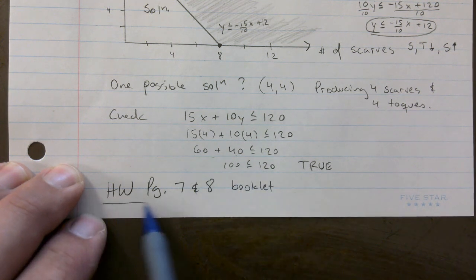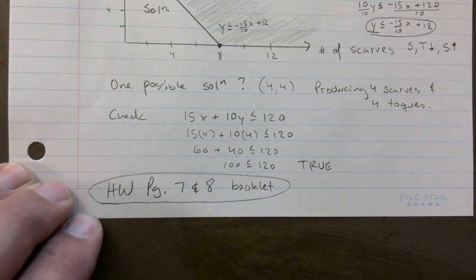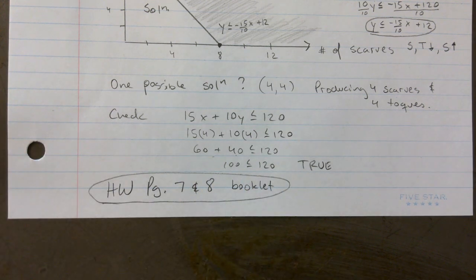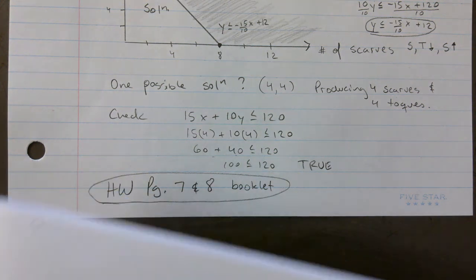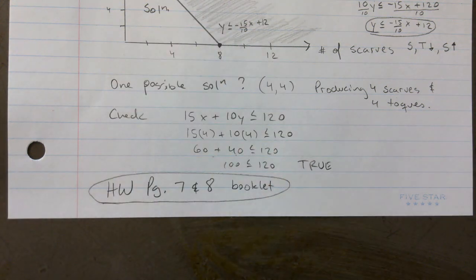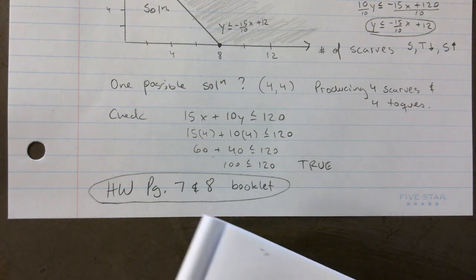Page 7 and 8 in that booklet, and I will show you that in a bit. There's a bunch of one-liners, not big word problems, just one-liners. I need you to do what we did here with all of them. Go through the motions. I will post the key for you, graphed and everything.